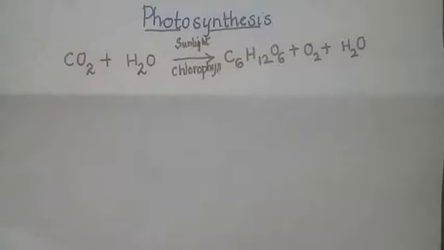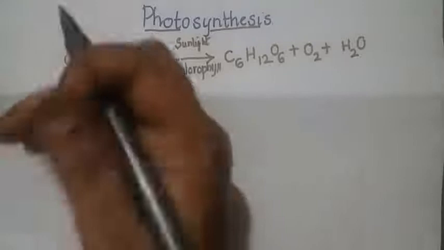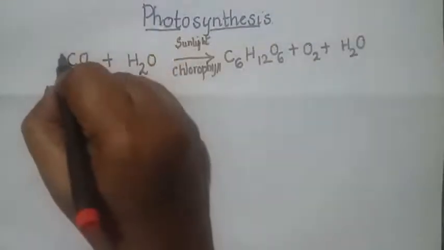And children, this is an equation that you have to learn, and it has to be well balanced, and this is one of the expected questions. They can ask you, write the chemical equation to represent photosynthesis, where you are going to write the balanced equation.